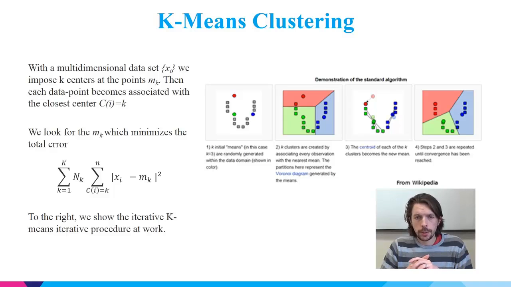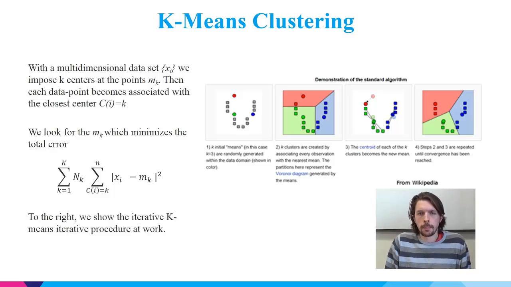Now, with the k-means procedure, we first define a number k, and this is going to be the number of clusters that we're going to divide the data up into. So usually you'll have some idea of what k should be, or you have some method for determining what k should be.